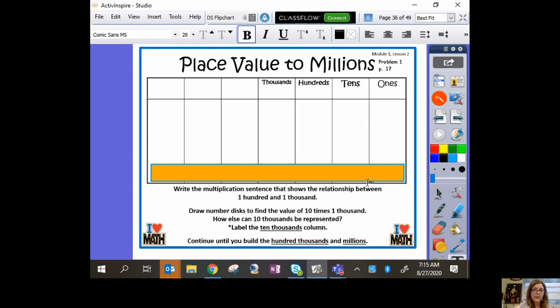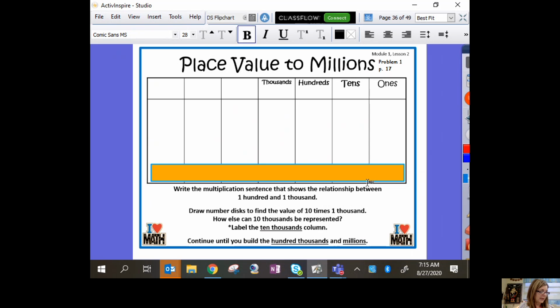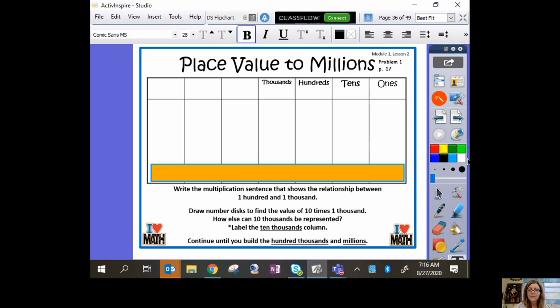So let's start with the problem that we have. It says to write a multiplication sentence that shows the relationship between 100 and 1,000. Before I can write that sentence, I'm going to model it on my place value chart.